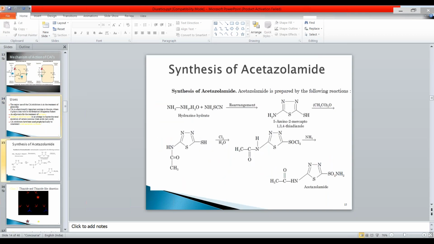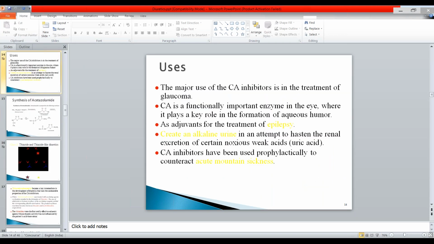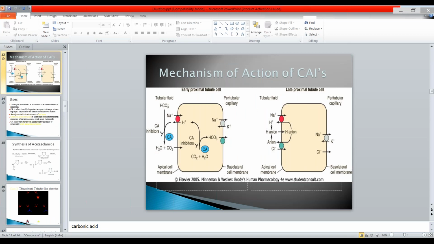Along with this, they also target the intercalated cells in the collecting tubules at site 4.